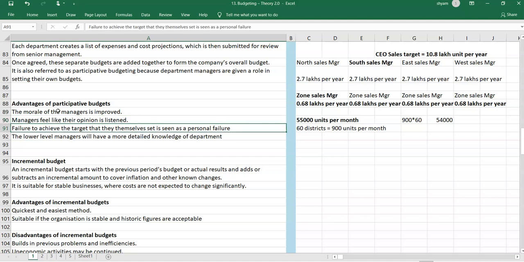See, failure to achieve the target is a personal failure because they have given a commitment and not fulfilled it. The lower level managers will have more detailed knowledge of departments. See, the managers at the root level know what is happening at the customer level, so they can give more inputs to the company here.